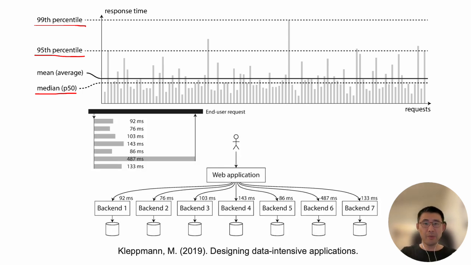The other thing we want to know is, notice that there are sometimes a lot of things we can run in parallel, right? We have a web application and we have 7 backends down there. You can notice that sometimes things finish very fast. For example, this server finishes at 76 milliseconds, which is pretty fast. But sometimes there's just some critical backend that takes longer, and therefore the whole end-to-end user response time is very long.